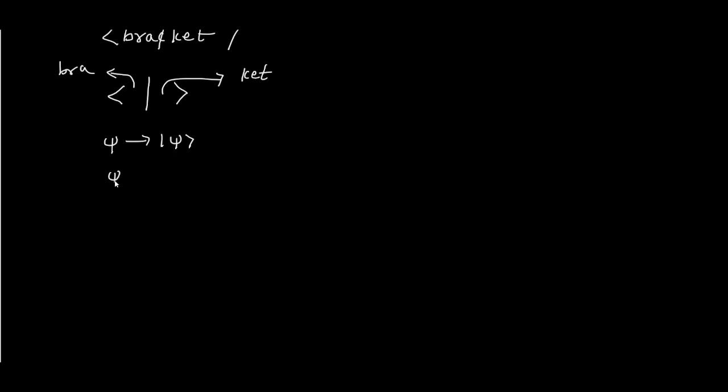And the complex conjugate of this vector is denoted by the bra vector. The inner product of the two vectors is denoted like this.